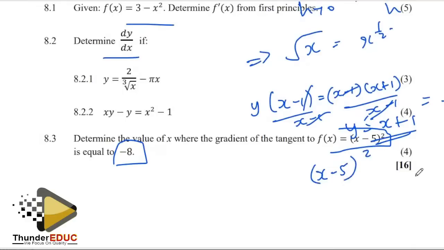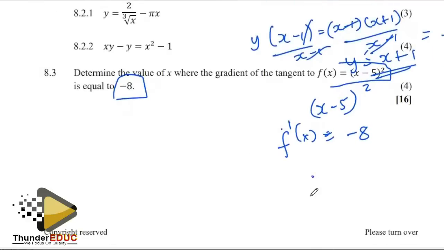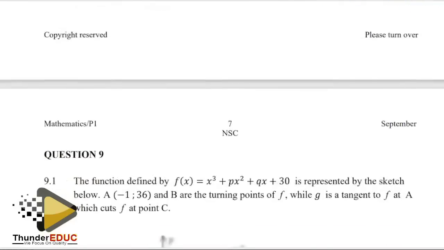Open the square brackets using the FOIL, then find the first derivative, then your first derivative, I'll say f prime of x equated to the gradient, which is -8. So we equate the first derivative to 0. Okay, first derivative is equated to 0 if you're looking for turning points. Oops, why am I rushing it? Maybe it's even the next question.